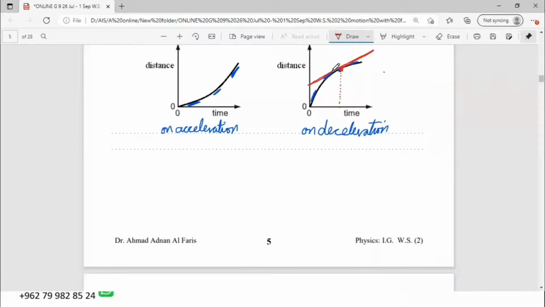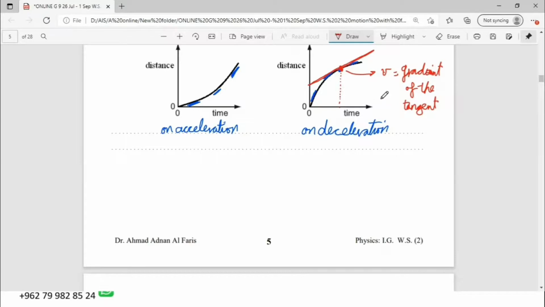What is that? A line that crosses only this point at this moment, and I find this tangent. If I need the velocity at this point I will find the gradient of the tangent. What does tangent mean again? A line that intersects this point at a certain point.